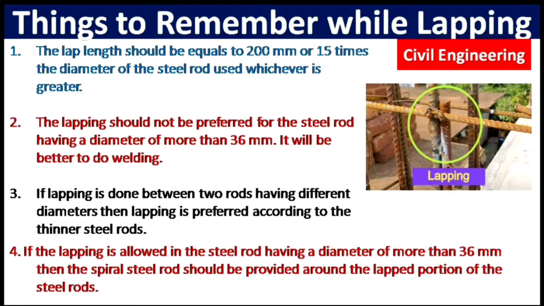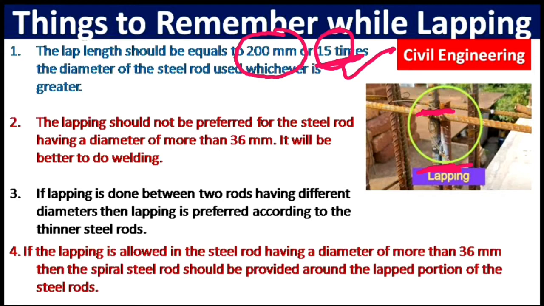You have to use a minimum of 200 mm lap length. This overlapping of one rod over another rod should be how much? Minimum 200 mm, or 15 times the diameter of the steel rod. Now we have to select one of them, either 200 mm or 15 times the diameter.